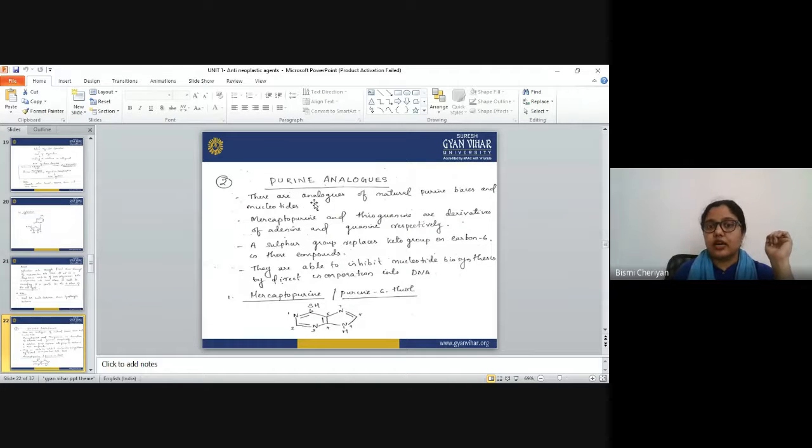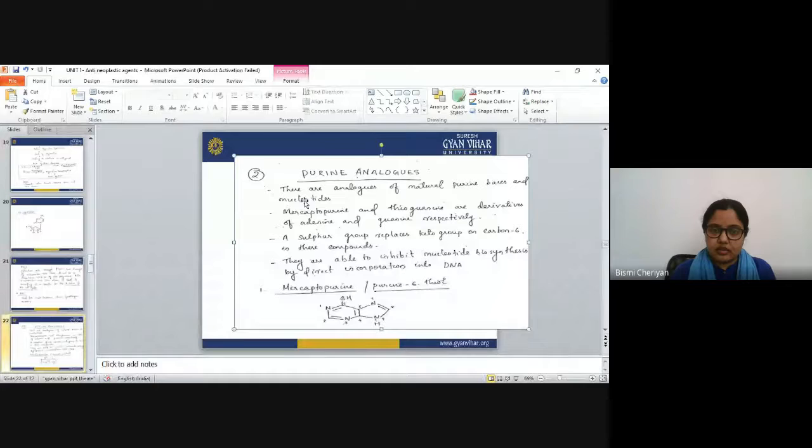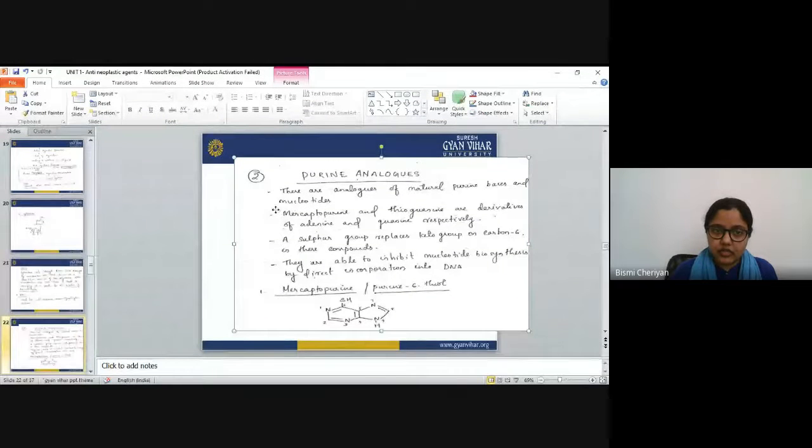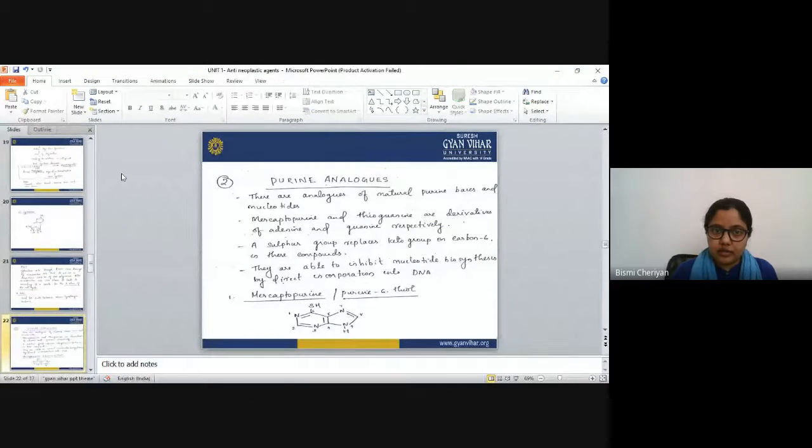Analog means all the antimetabolite drugs have a similar structure to the normal metabolites. So these purine analogs are the analogs of the natural purine bases and the nucleotides.